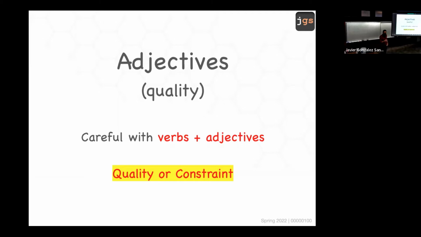What I am telling you is that usually you are going to have this idea of quality or constraint. For the qualities, it's usually common to find a word, an adjective, that is going to define that quality. The constraints are going to be a little bit more open. But adjectives usually are going to point out non-functional requirements.